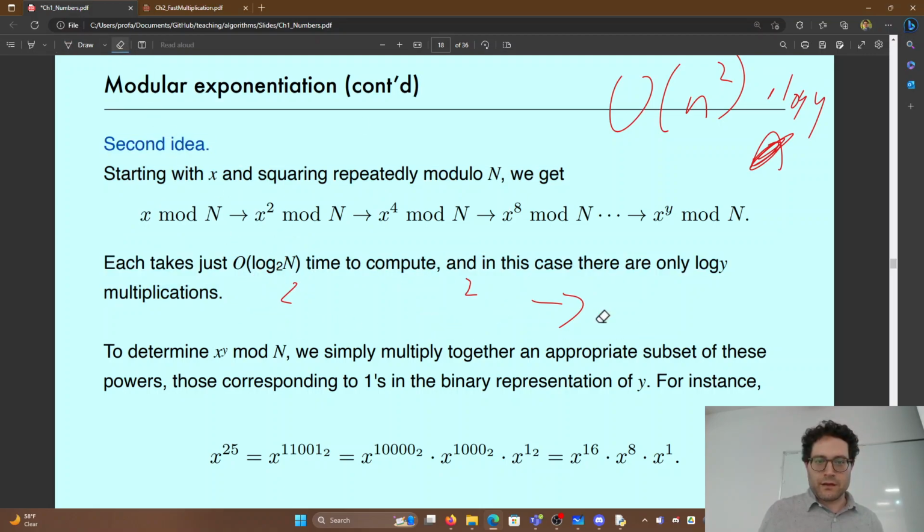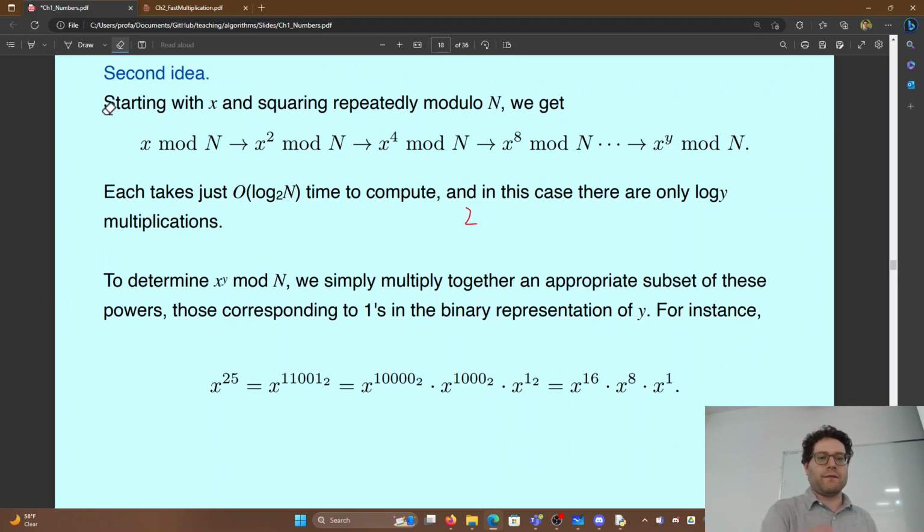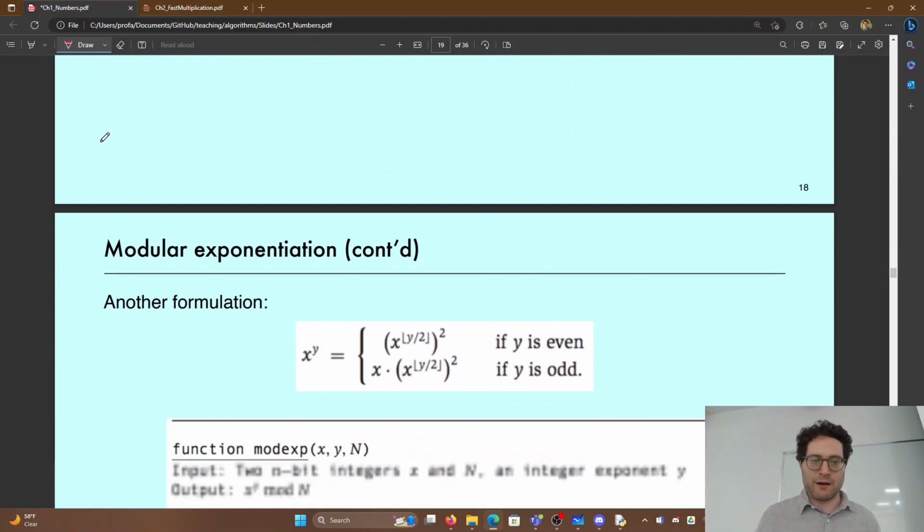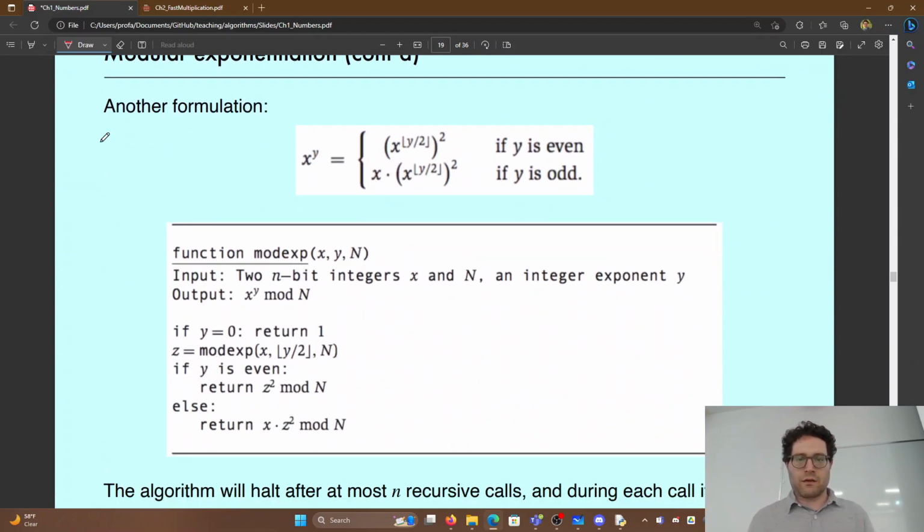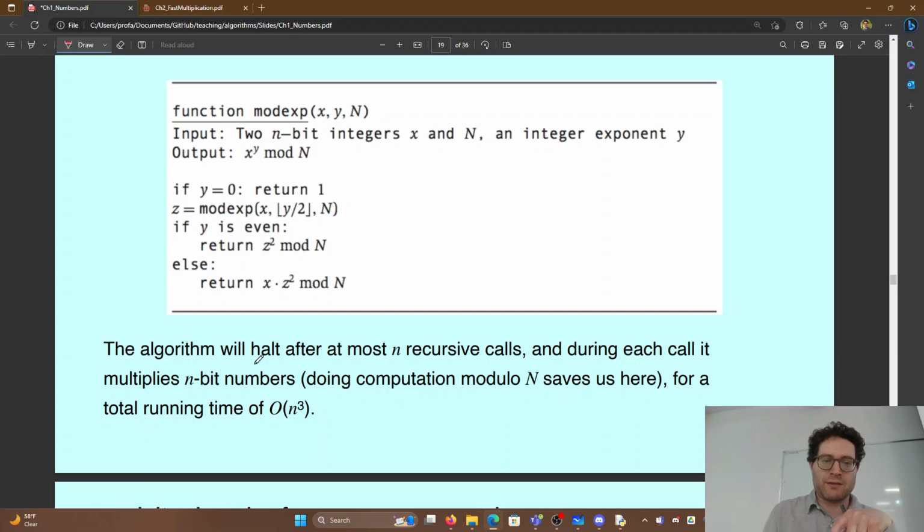And so what it says over here is that we can break it down into a binary representation. And those can be solved by doubling, so compute x to the 16th, x to the 8th, x to the first power. So the way that works is by doing this. It has a running time of O(n) cubed.